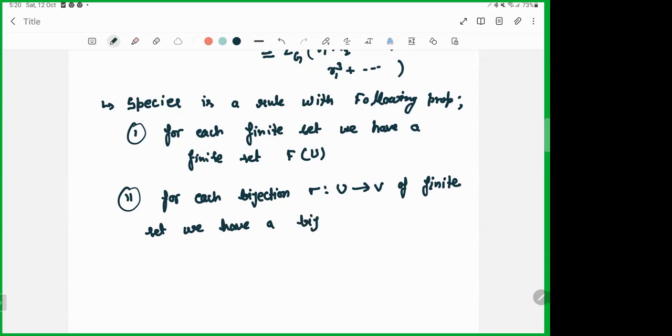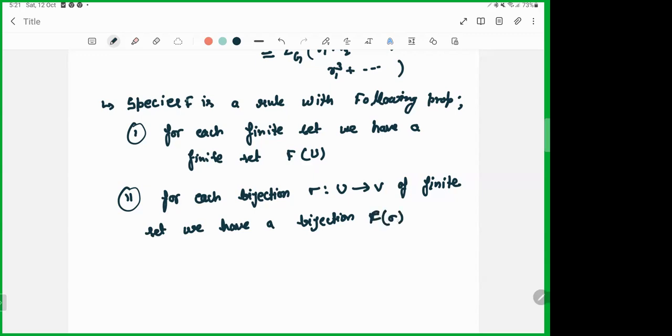I should say, in the categorical setup, what I mean by bijection is a monomorphism plus epimorphism, because in an arbitrary category injection and surjection do not make sense, since you may or may not have kernels and images. But in this setup bijection makes sense, so I am just saying bijection. For each bijection sigma mapping U to V of finite sets, we have a bijection of the corresponding F structures, F sigma mapping Fu to Fv.